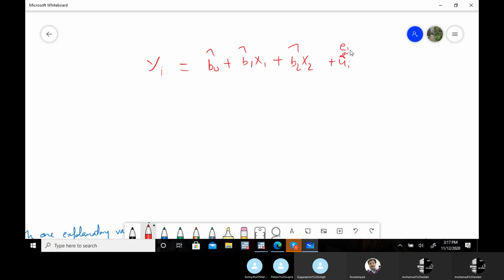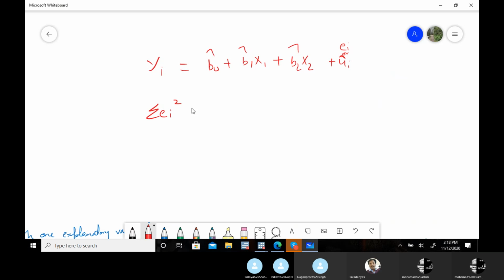Now, which thing do we have to minimize? We have to minimize this thing, that you have to keep in mind.